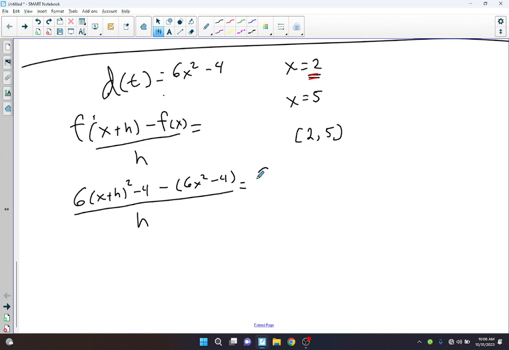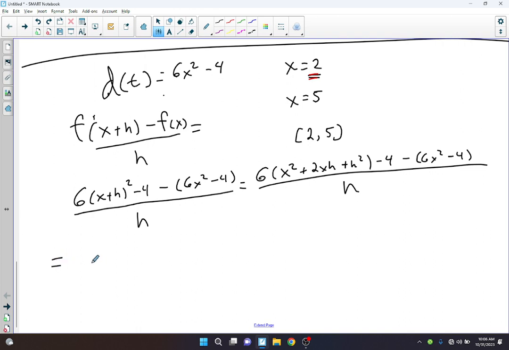This has to be FOILed out. 6 times x squared plus 2xh plus h squared, minus 4, minus 6x squared minus 4, all over h. And then one last simplification: 6x squared plus 12xh plus 6h squared minus 4 minus 6x squared plus 4.